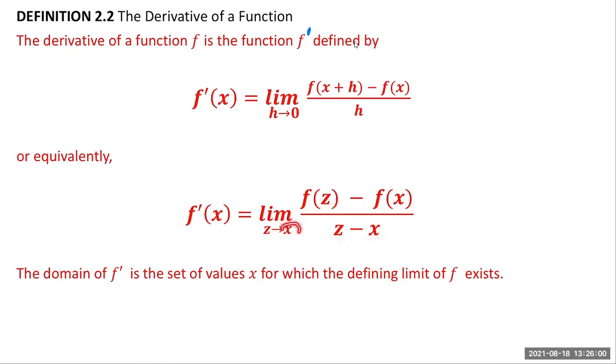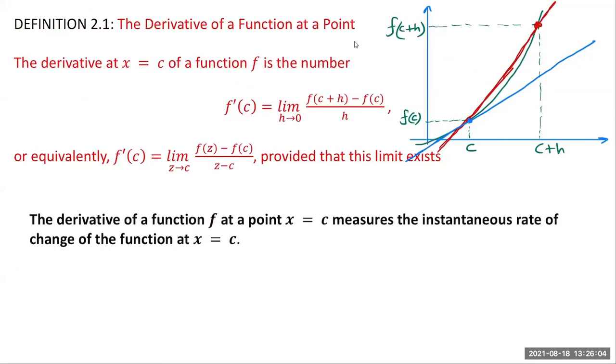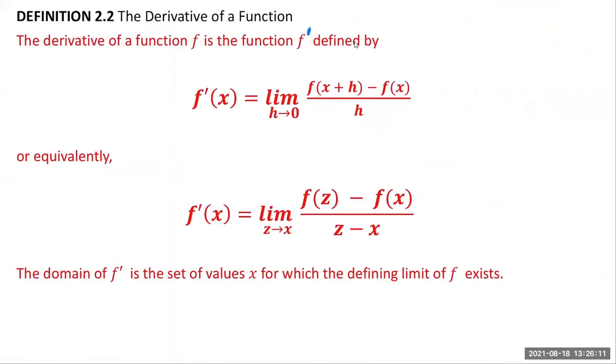All I do is I replace my c by x. x is a general point. And then the domain of f prime is the set of x for which the defining limit of f exists. If this limit exists, that particular x is in the domain of your derivative function. This is the derivative as a function, f prime of x.